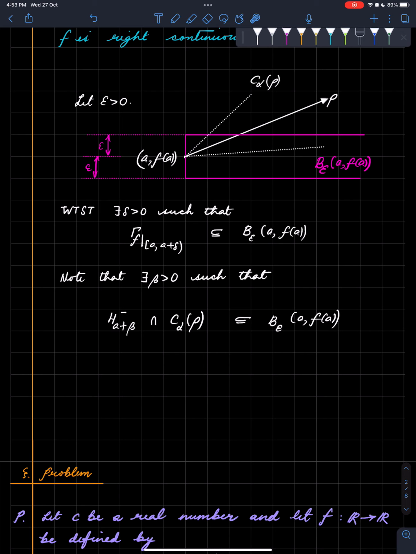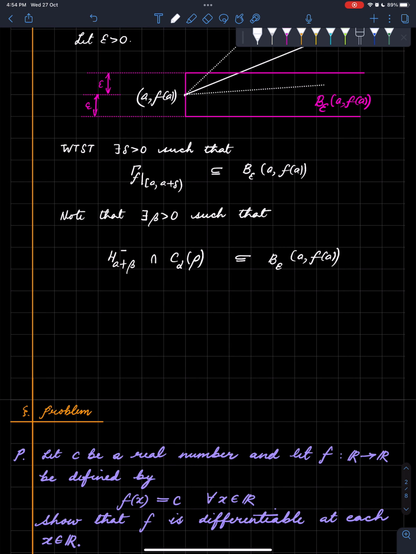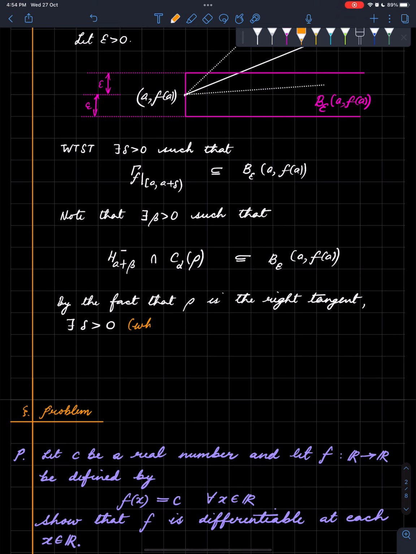The mistake that I made last time was instead of a plus beta here, I just wrote beta, which doesn't make any sense. So that was just a slip of tongue, basically. So there is such a beta, and now by the fact that rho is the right tangent at a comma f of a, etc., there is delta greater than 0, which we can assume is at most beta.